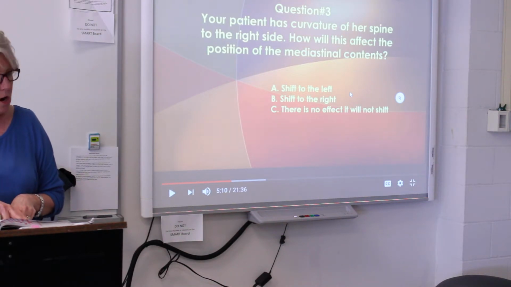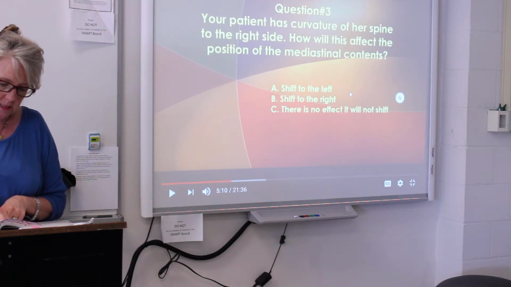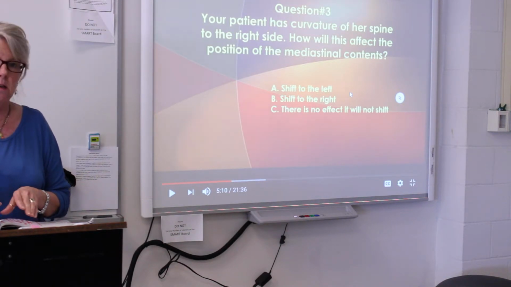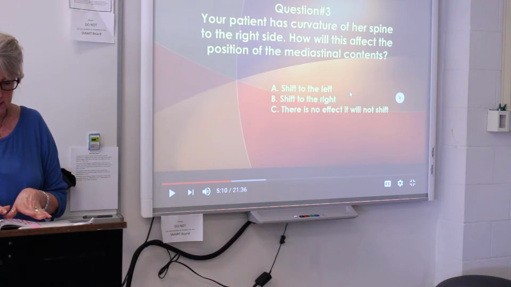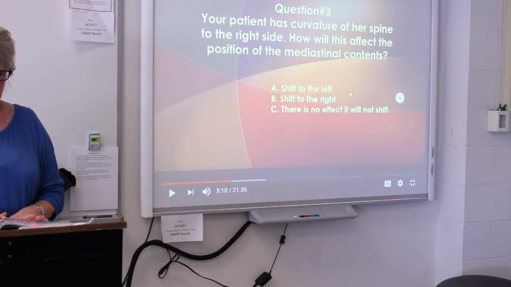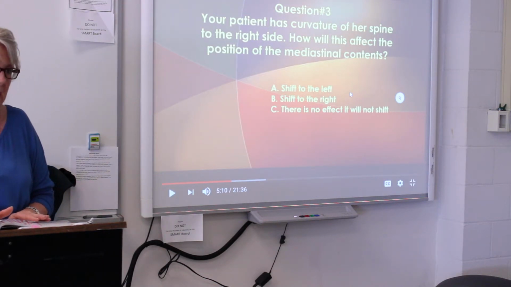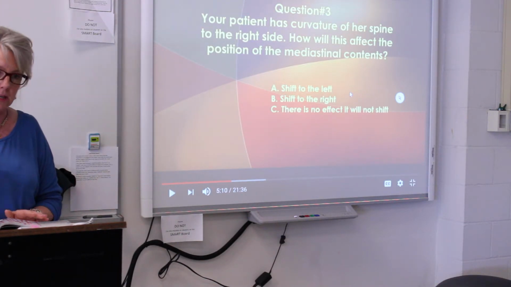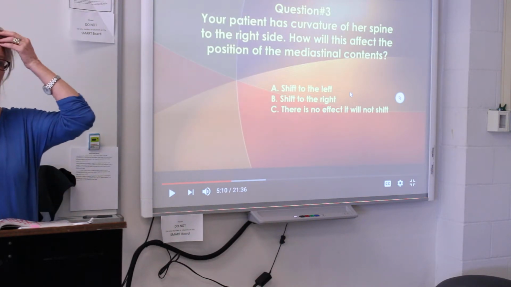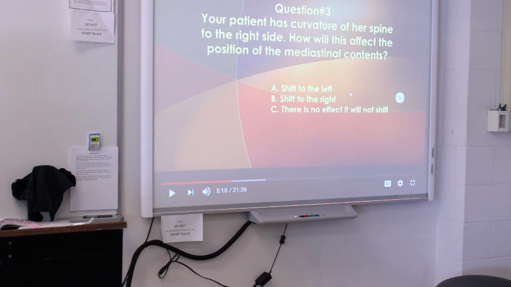It would move to the compressed side. On 25-1, you've got to think about how we're looking at this. If this is the patient, then their shift is to the right, and then that moves the mediastinum to the opposite side, to the left. So y'all were correct. Yes, I had to think it through. Opposite side.